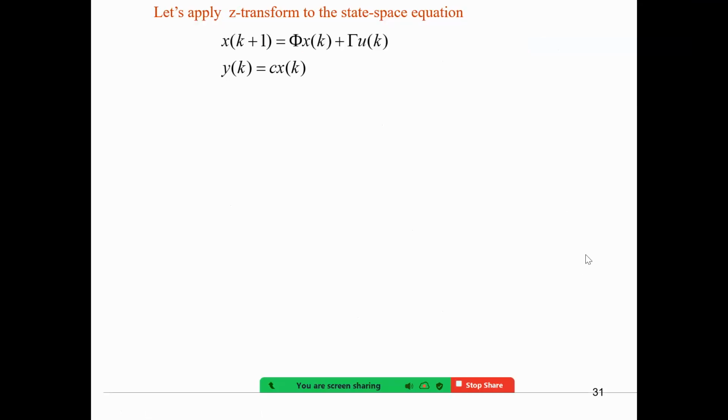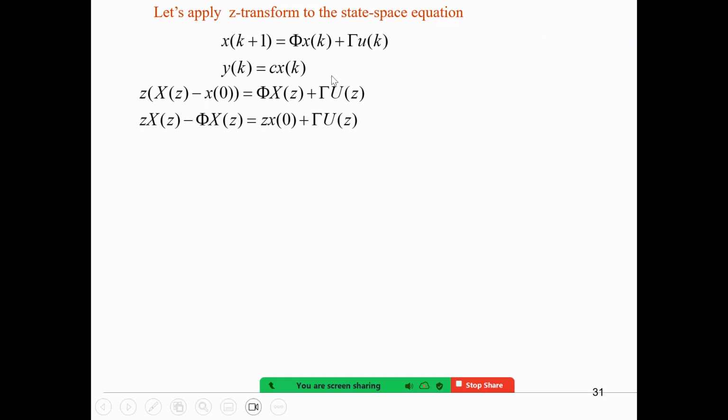No. Let's apply the Z transform to the state space equation. Okay, now we can solve the state space equation using the Z transform. The only property we need to use is how to take care of the Z transform of the forward shift, k plus 1.